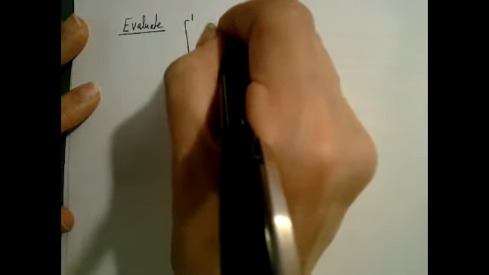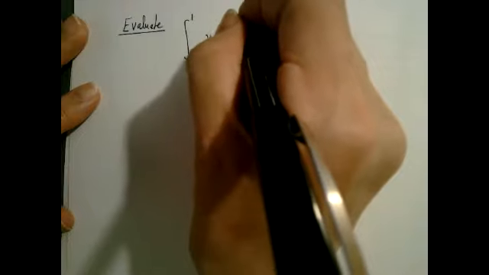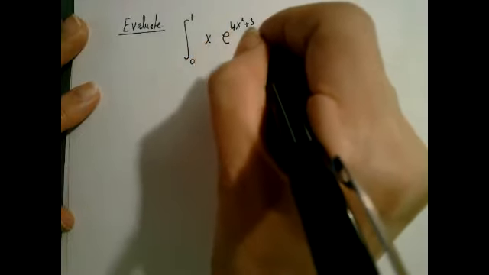Yes. So now let's do another one. Evaluate, and you guys will tell me which method, 1 or 2, you want me to use, because you should be able to do it both ways. The integral from 0 to 1 of x e to the 4x squared plus 3 dx.